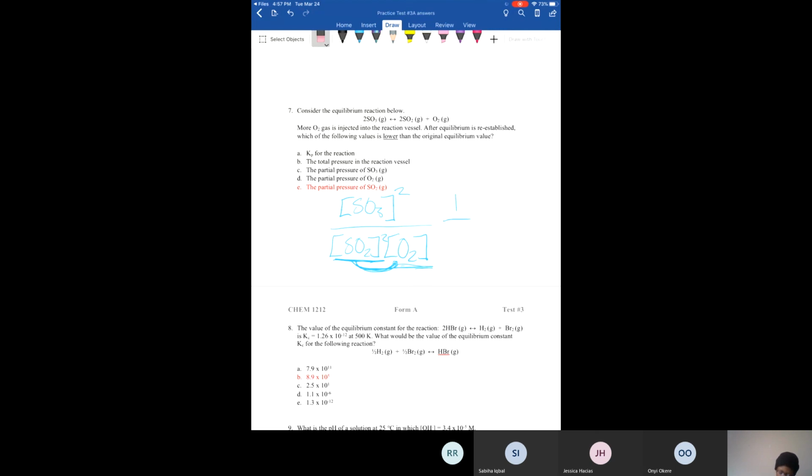That's not a good example. Let's do something like 1/20. So let's say initially this is 4 and this is 5, but you add more O2 into it, but you still need to do something to maintain this ratio.